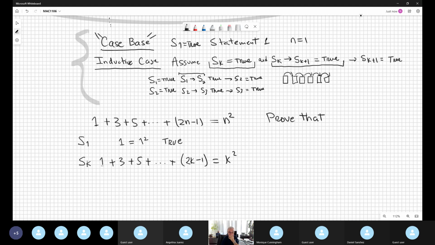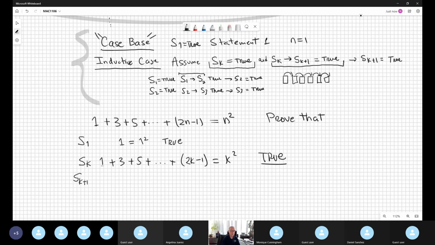You assume that this statement is true. This is my supposition. Okay, so it's easy. You only replace n in the original equation that you want to prove with k. It's the same. Right? However, I want to investigate what happens with S sub k plus 1.